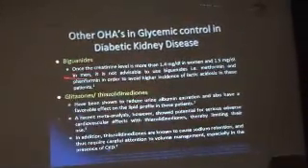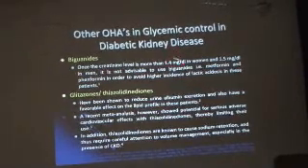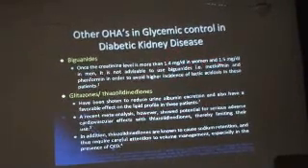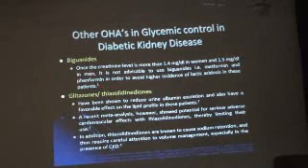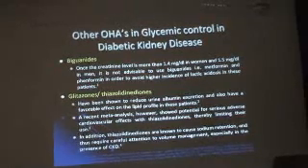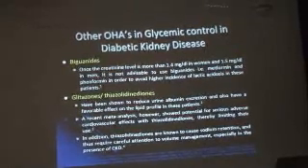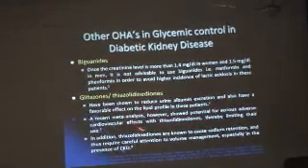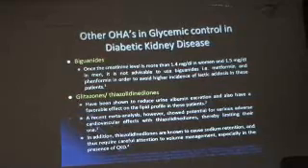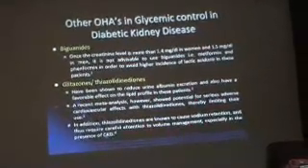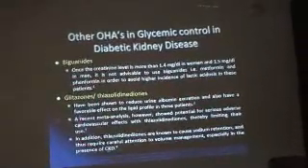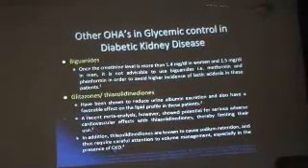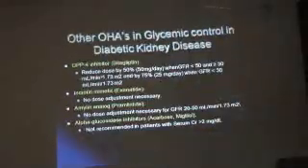Other oral hypoglycemic agents, biguanides: caution if creatinine is more than 1.4 in women and 1.5 milligrams per deciliter in male individuals. I think I'm running late, so I'll quickly wrap up. With glitazones, there is an emphasis on fluid overload and sodium retention, so one should watch for fluid retention.